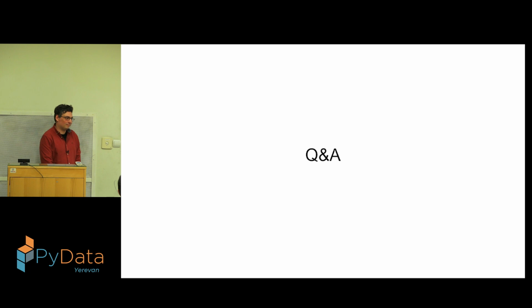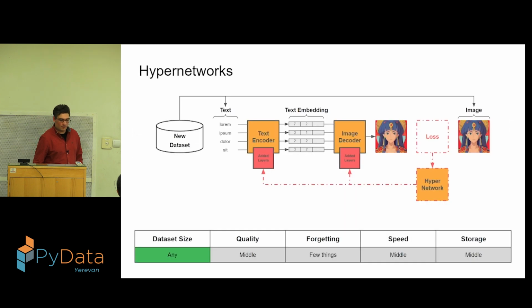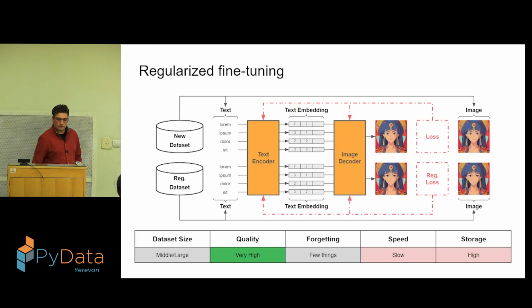My question is related to the regularized fine-tuning. We were using two datasets, right? We were taking some part of the training dataset and mixing it with the new dataset, right? Yes.